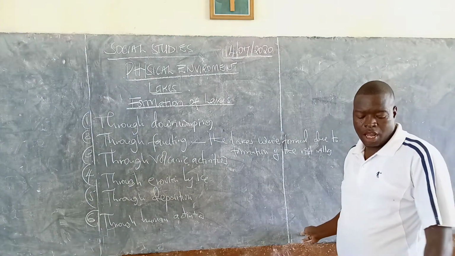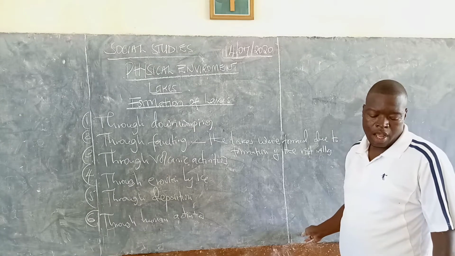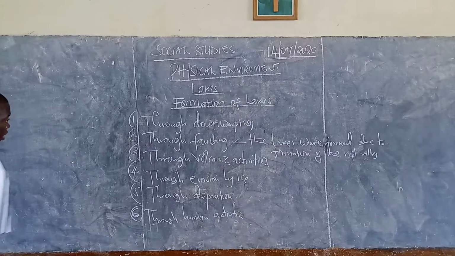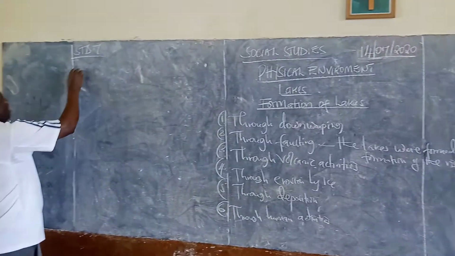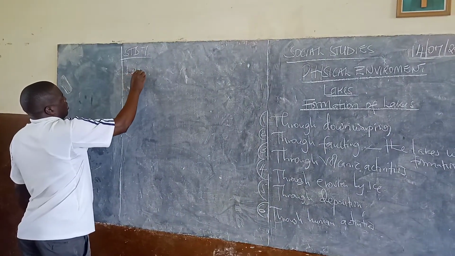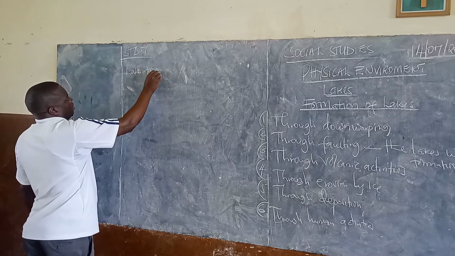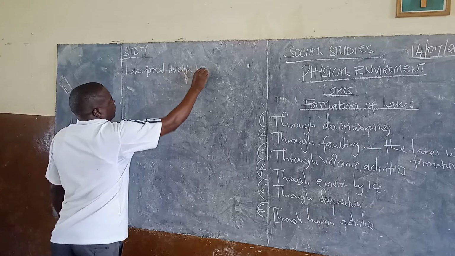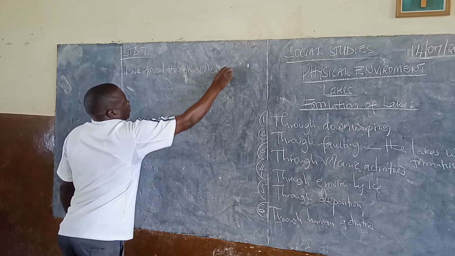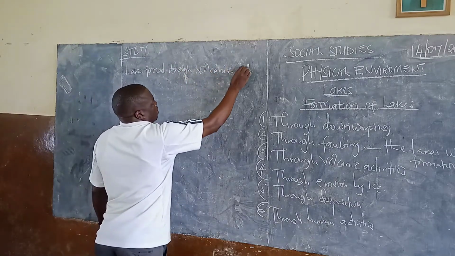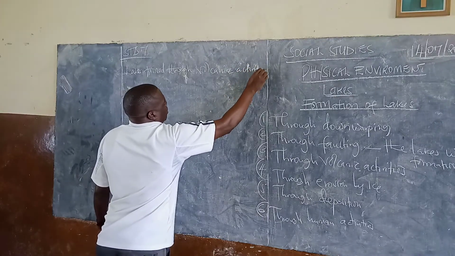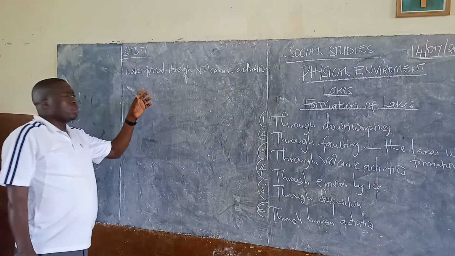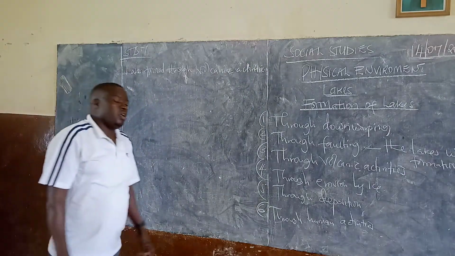So this one we are going to classify into groups. When you talk of lakes formed through volcanic activities, we are going to classify them into two groups.